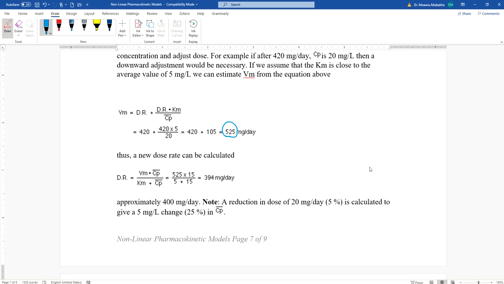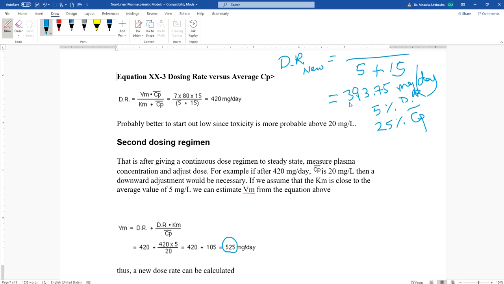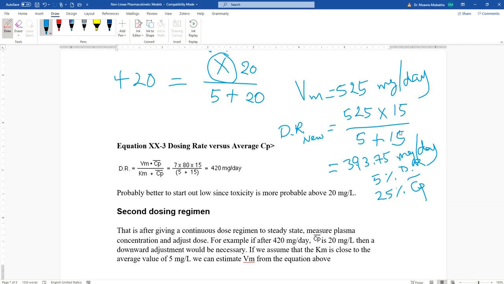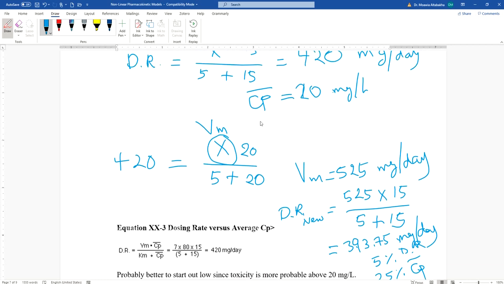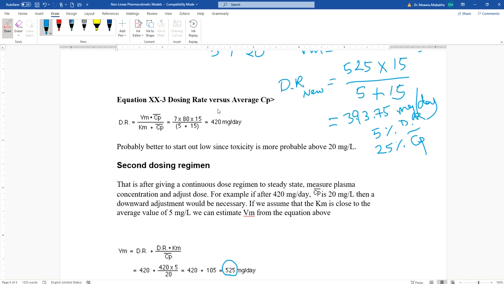Suppose you gave this dosing rate, and after 1 month you decided to measure the CP average for the patient, and let's suppose again that you didn't get your target concentration. It means that your assumption that VM alone has changed is wrong. Both may have changed, and how can we deal with this situation?